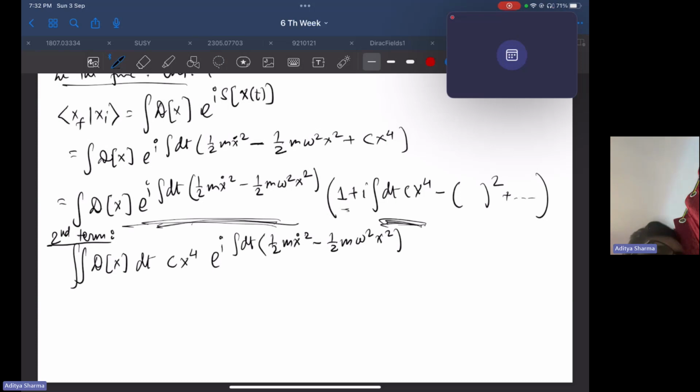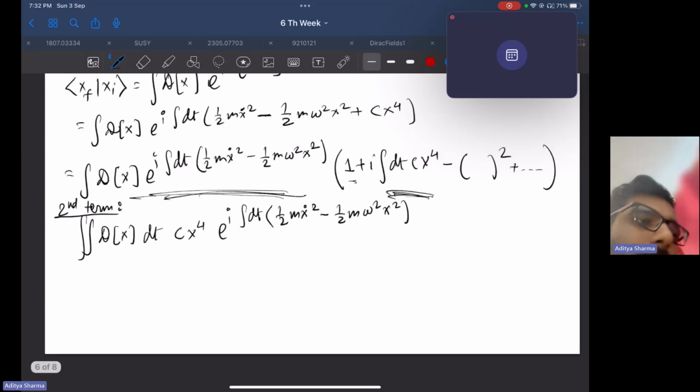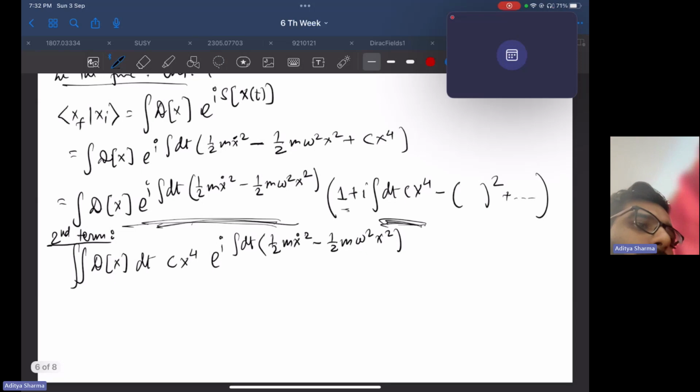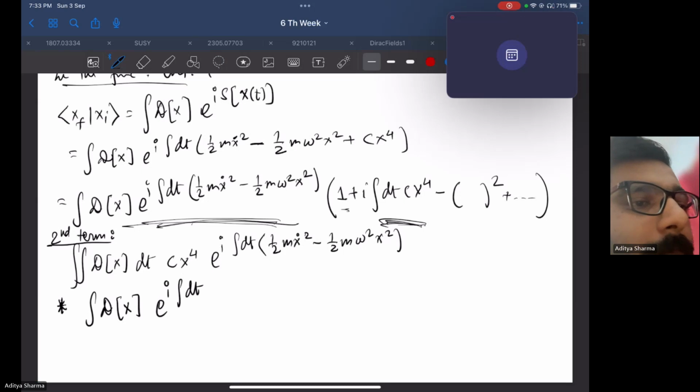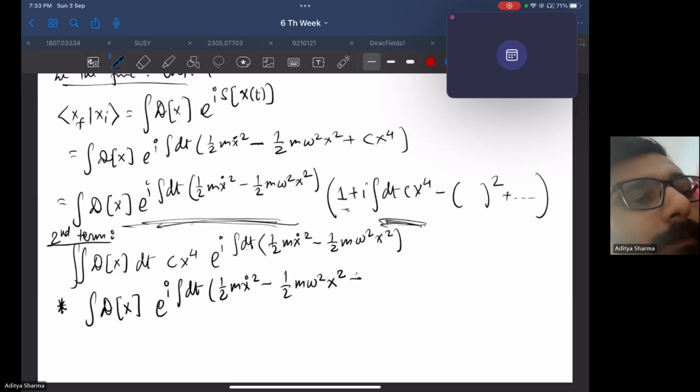To evaluate these kinds of terms, instead of looking at this, we will look at a function of this kind.